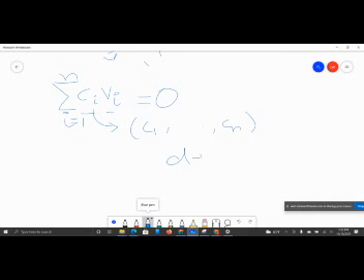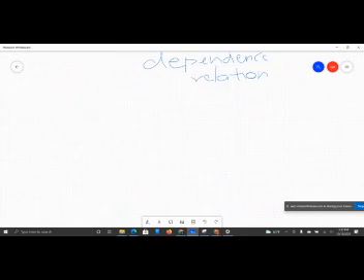I don't know if you can understand anything at all. And there are two kinds of dependence relations, which we can discuss now.